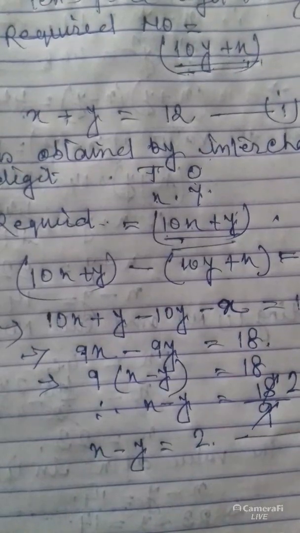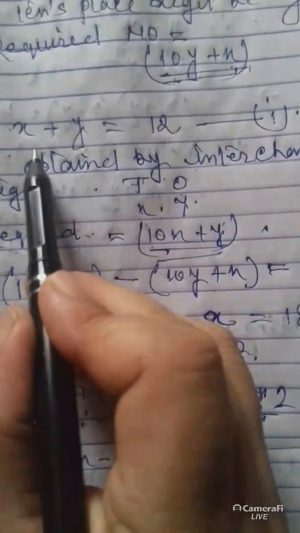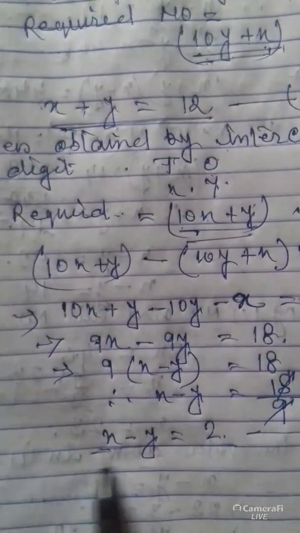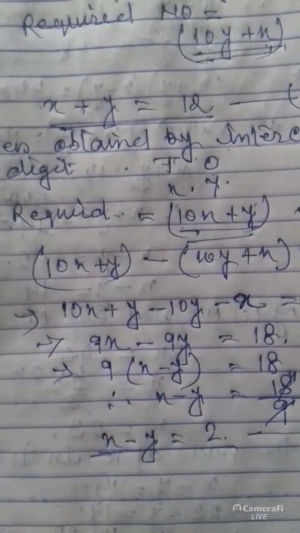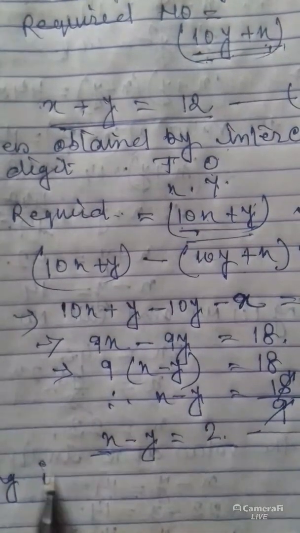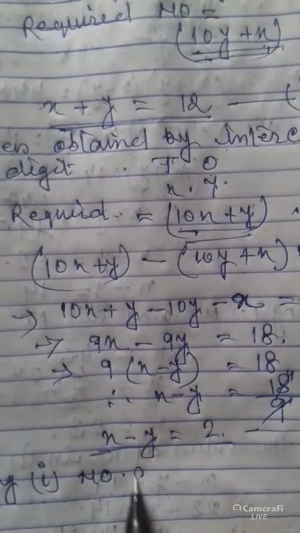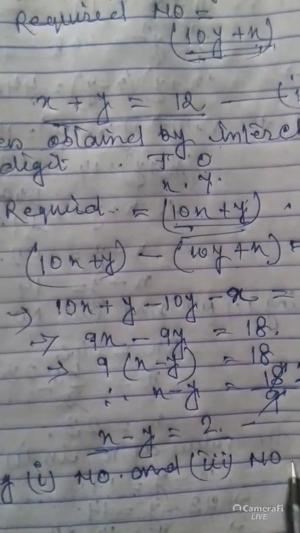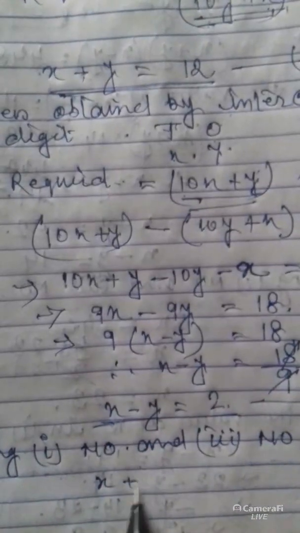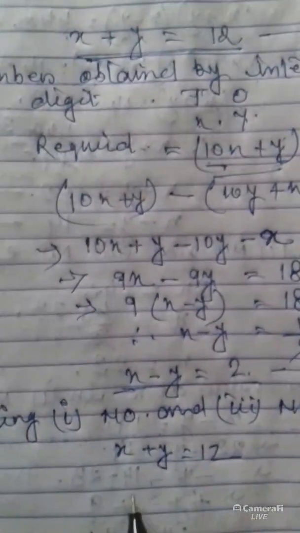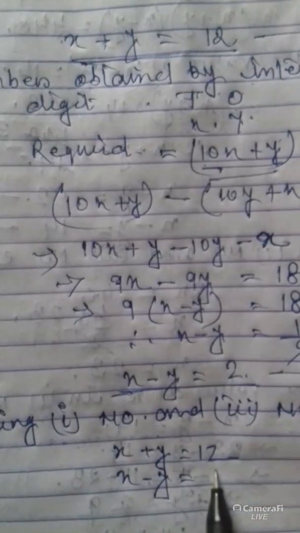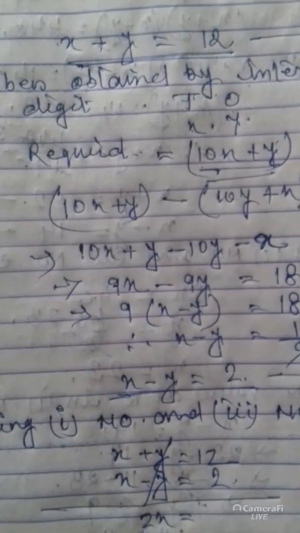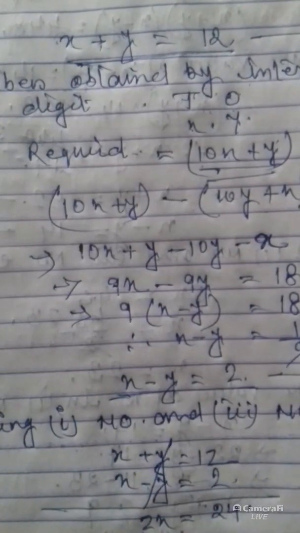This is the 3 number equation. Now we have the first number equation x plus y equal to 12 and the 3 number equation x minus y equal to 2. Adding both equations, y cancel. 2x equal to 24.